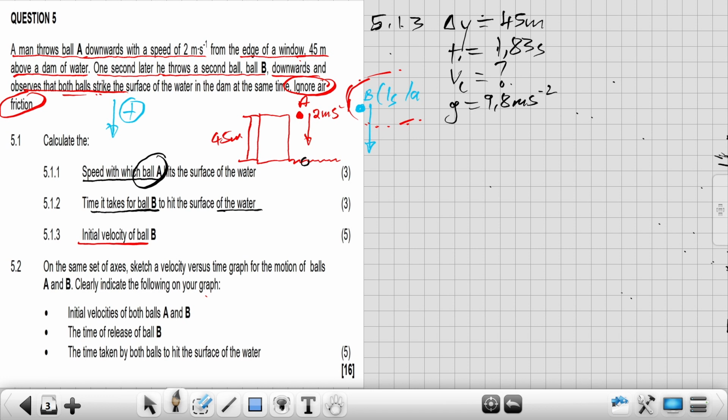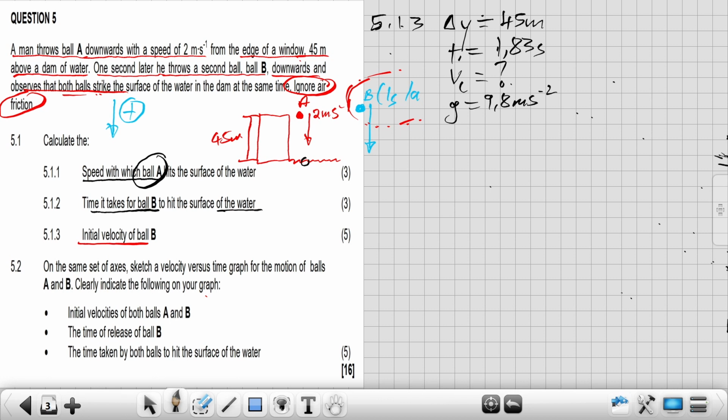We did say you always need only 3 variables in order to perform a specific calculation. So when you check the information that is given, we have everything there. We don't have V initial, we don't have V final. The only thing we have is the time taken to hit the ground.